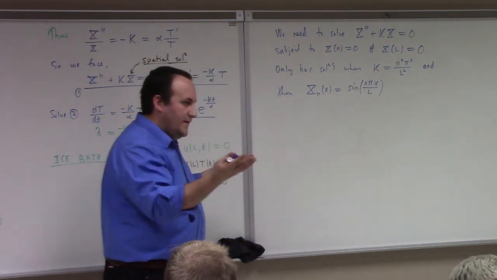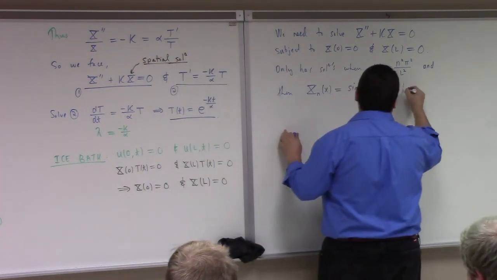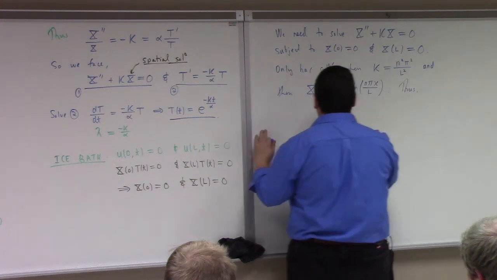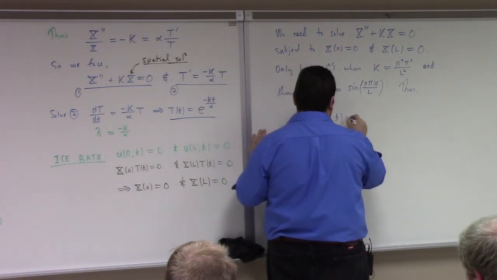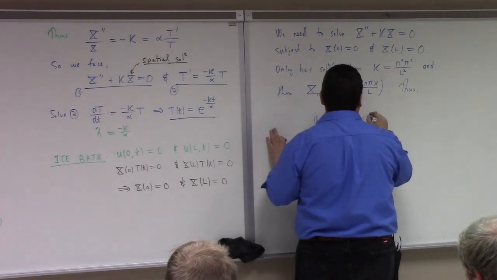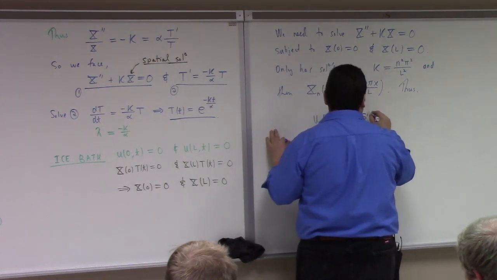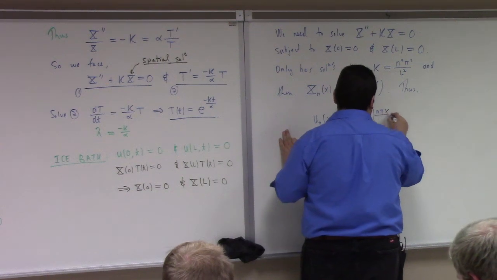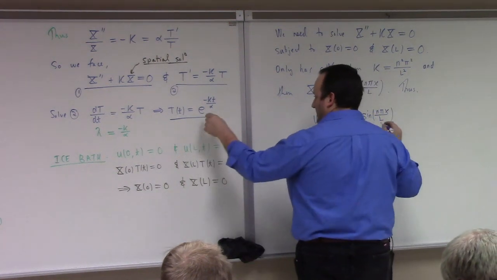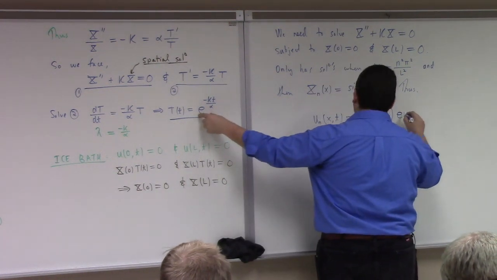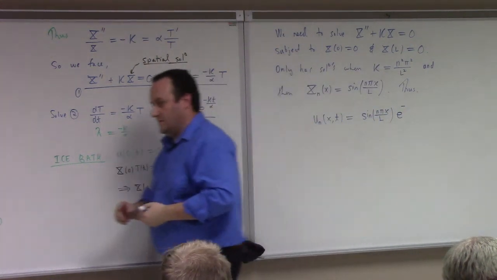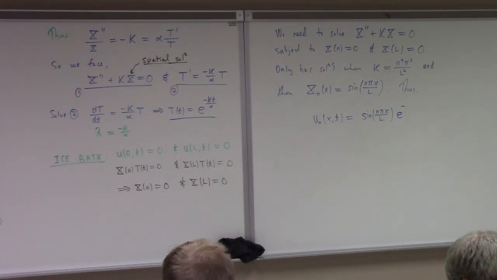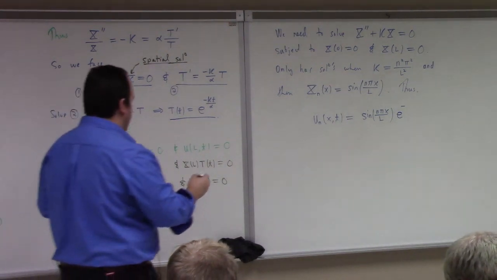So, what did we find? Thus, we could construct u sub n of x,t, which would have the form sine of n pi x over L, and then my time function e to the minus, what was k? We just figured out what k was, right? We just learned from the spatial function that k is not just anything.